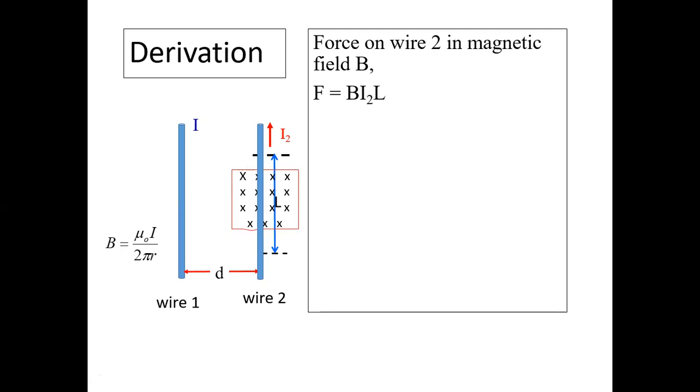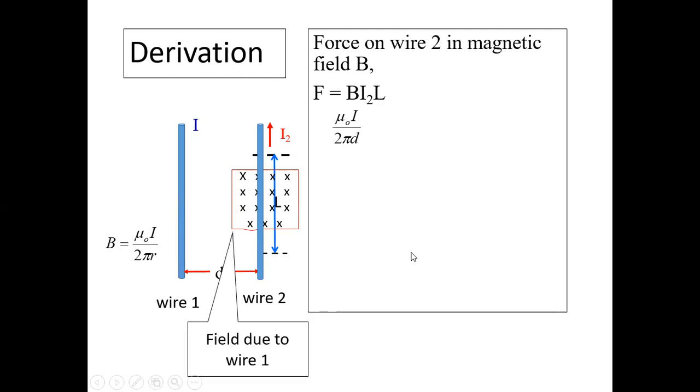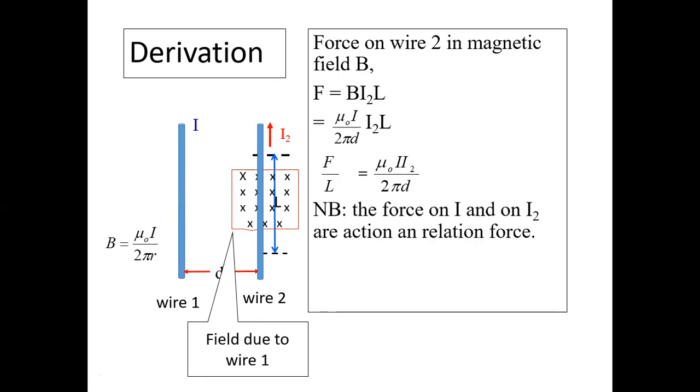It's going in a circle, so at this point it's going in. The arrow tail shows it's going in. So it's given by B I2 L. We are looking at this conductor, where L is the short length of this conductor, with B given and your I2. That's how we derive our equation.